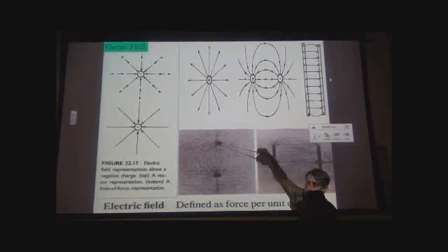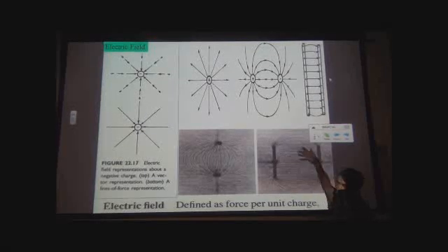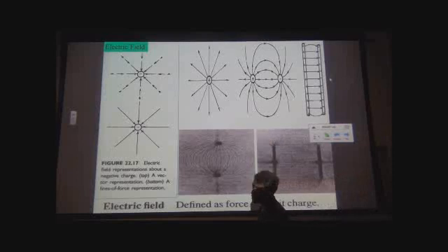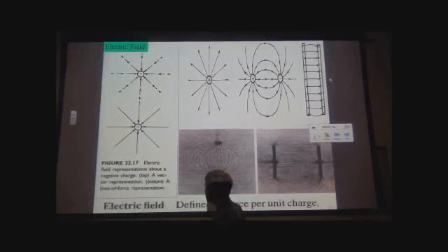So here is an actual representation where you can see the field lines between a positive charge and a negative charge, or between a plate and another plate. So this is positively charged plate, negatively charged plate. You see all the lines lining up here, and away from here they are kind of curving off. So the electric field is defined as the force per unit charge, right?